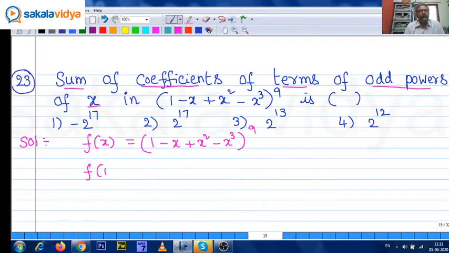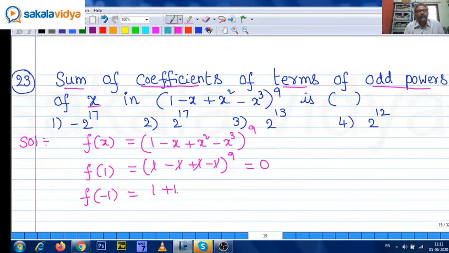F of 1 is 1 minus 1 plus 1 minus 1 to the power of 9. This is 0 because the 1s get cancelled. Next, f of minus 1 is 1 plus 1 plus 1 plus 1 whole to the power of 9. This is 4 raised to 9. 4 means 2 square, so this will be 2 power 18.